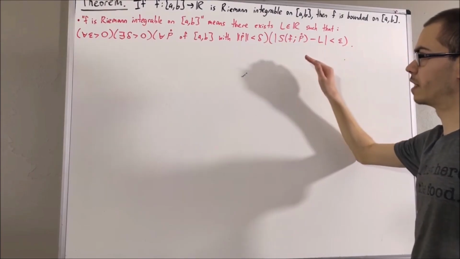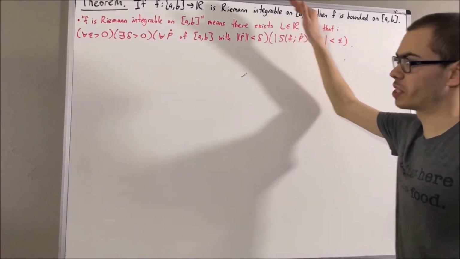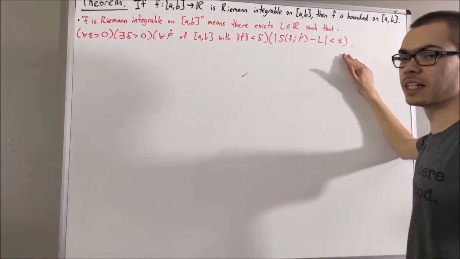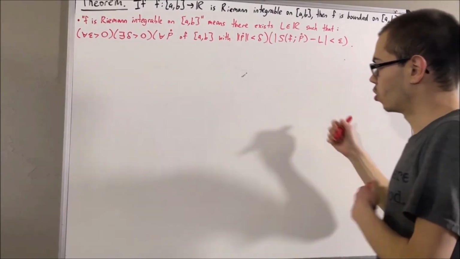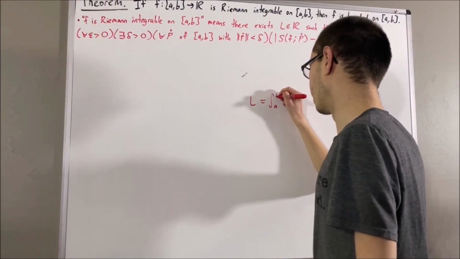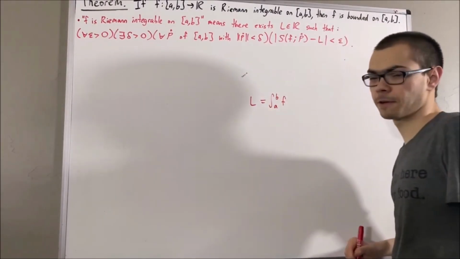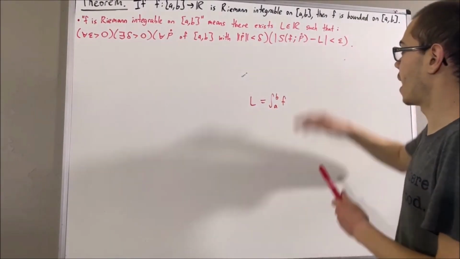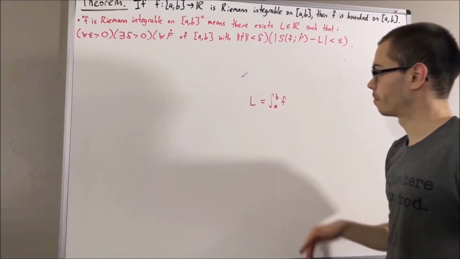Now, we have proven that the real number L, which satisfies this statement, is unique. And we denote the unique real number L by the integral from a to b of f. So we're going to replace L with this notation.